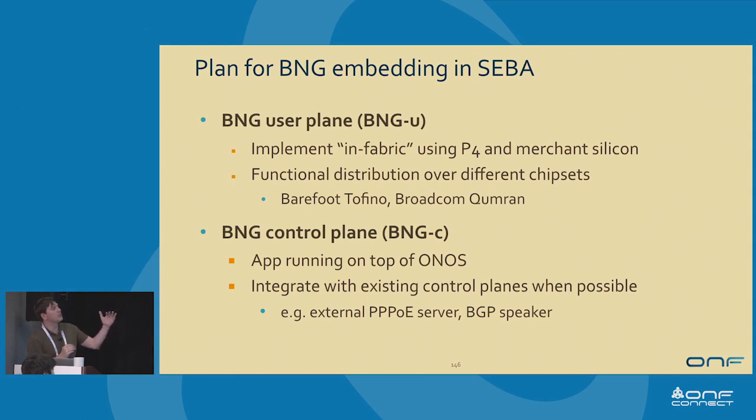So the idea for the user plane is to implement this function as part of the fabric of SEBA using P4 and merchant silicon, which is available from vendors like Barefoot Tofino or Broadcom. For the control plane, the idea is to have applications running on top of ONOS whenever possible, integrated with existing control planes. We don't want to re-implement things that already exist, such as an external PPPoE server or BGP speakers.